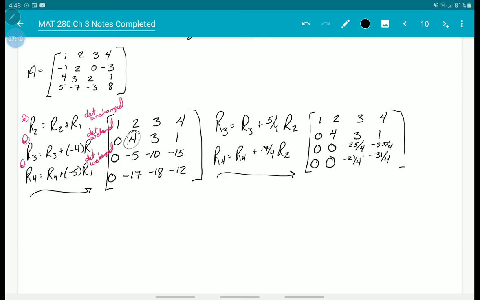Our next step is to zero this out. Now we've got a lot of fractions in here. This could get complicated if we want to go straight for that to begin with. So here's what I'm going to do. I'm going to first take row 3 and replace it with negative 4 over 25 times row 3, just so I can get a 1 there, so that last step's going to be a little bit easier for us to see.